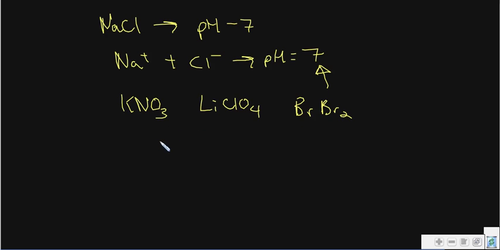And there's one more for sure: cesium iodide also. So what do all these have in common? All these are combinations of neutral anions and cations. So you'll have completely neutral solutions when these salts are dissolved in water.